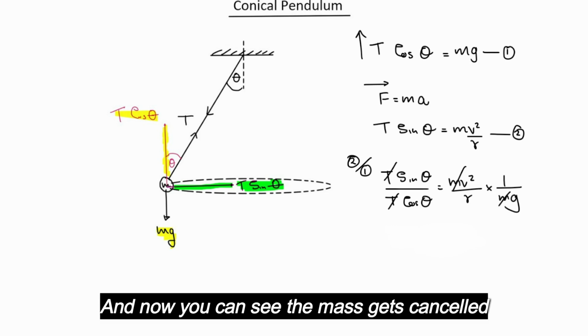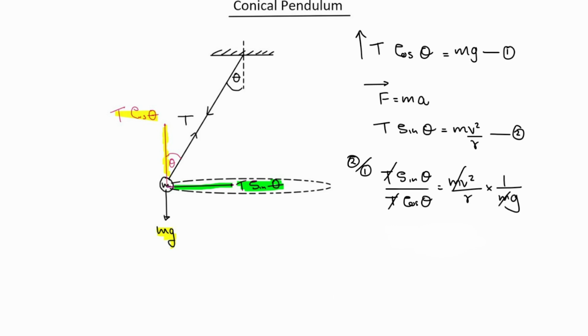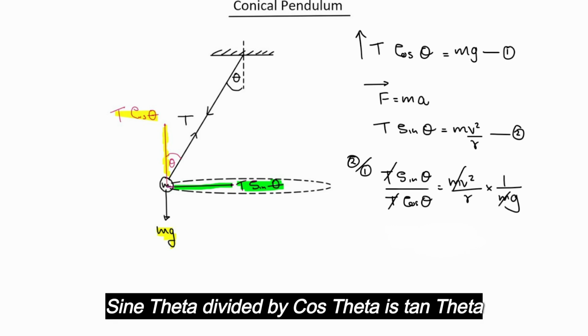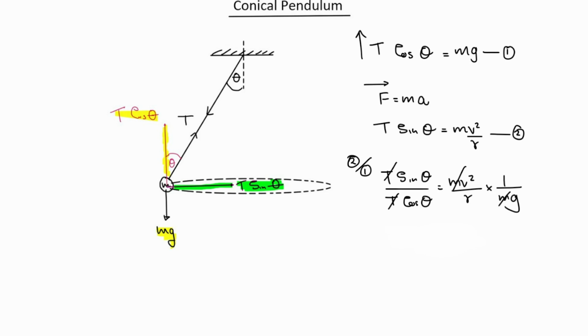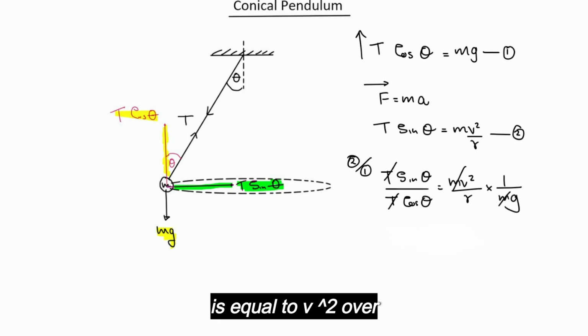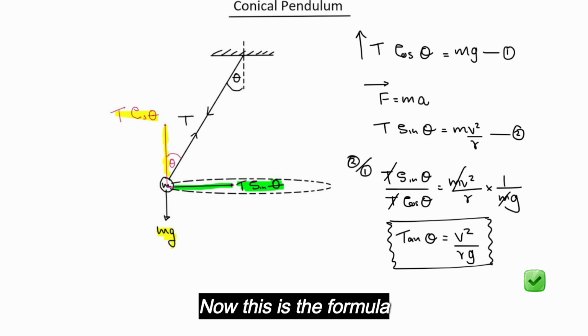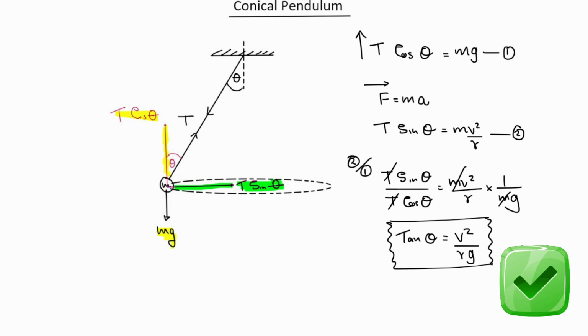And now you can see the mass gets cancelled out here. Now T and T get cancelled out too. Sin θ divided by cos θ is tan θ, which is equal to v squared over rg. Now this is the formula of the conical pendulum.